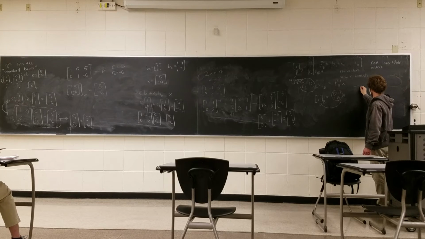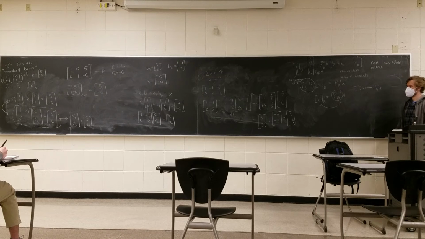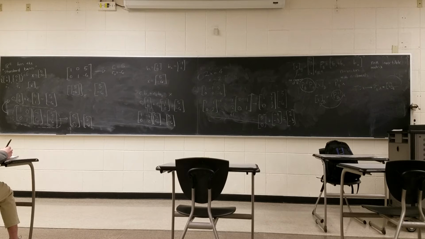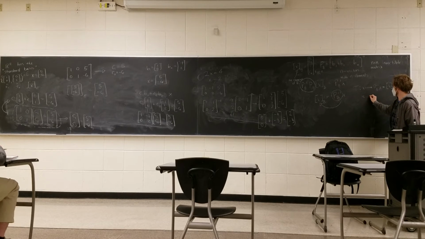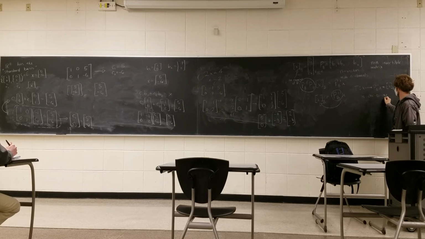So the transformation that goes from x to the representation of x with respect to the basis B, the B-coordinates, is one-to-one and onto.